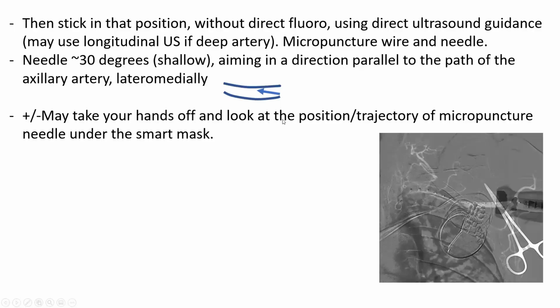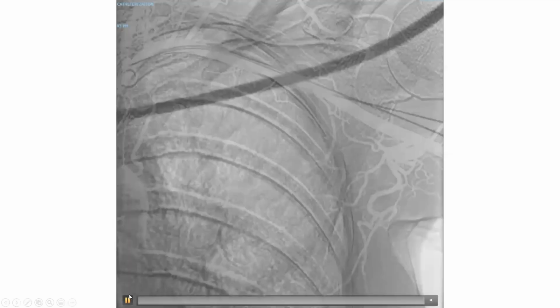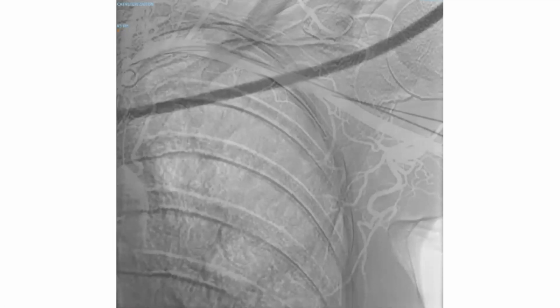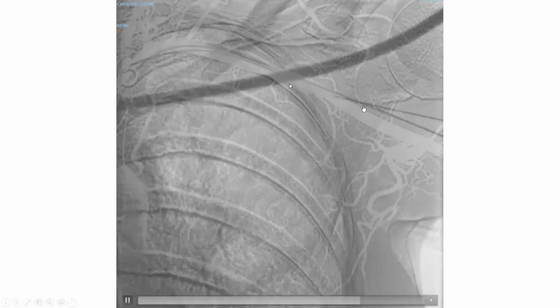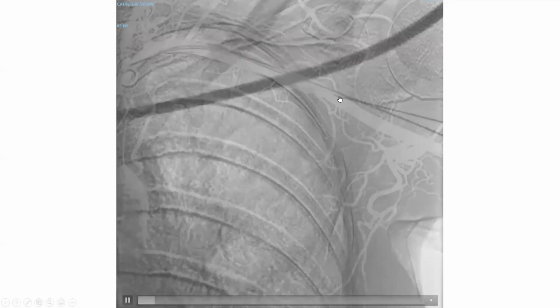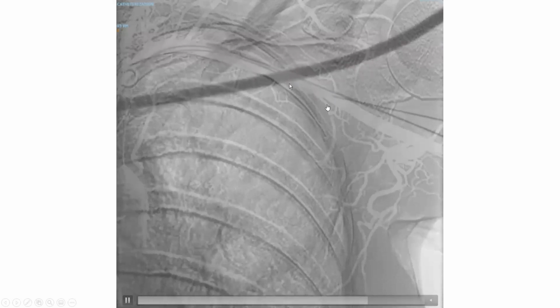But once your artery is accessed and you advance a wire through it, I would take my hand off, move the ultrasound probe, and look to see that my needle entry point and the wire are in the proper location, as it is here.